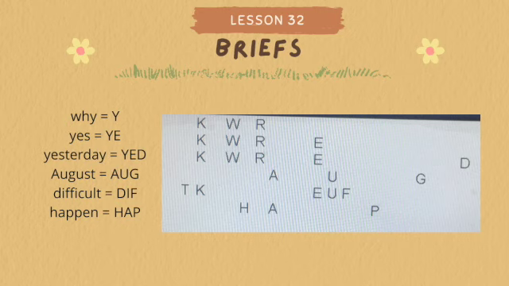We have "Y," that is represented by initial Y. "Yes," represented by initial Y, vowel E. And then "yesterday," initial Y, vowel E, final D. "August," another month, that is diphthong O, for the sound of O, and then final G. Then we have "difficult," initial D, vowel I, final F, and then "happen," initial H, vowel A, final P. So these are the outlines, and on the right side, the stenograph notes exactly how these words are written.